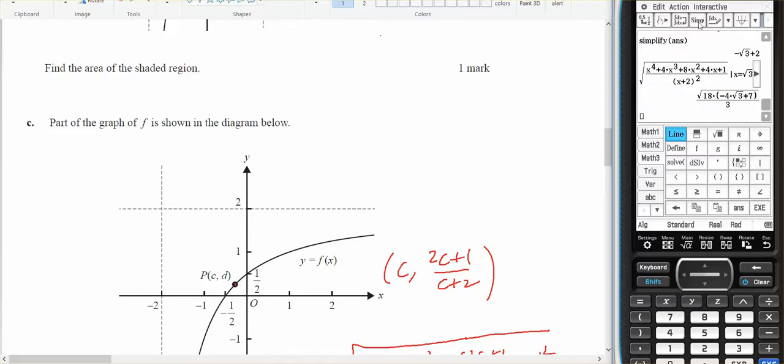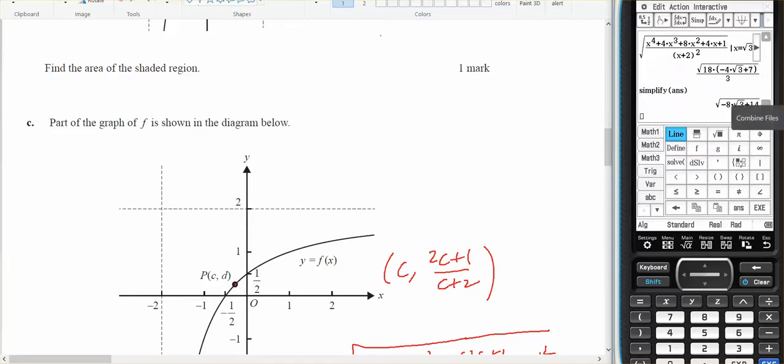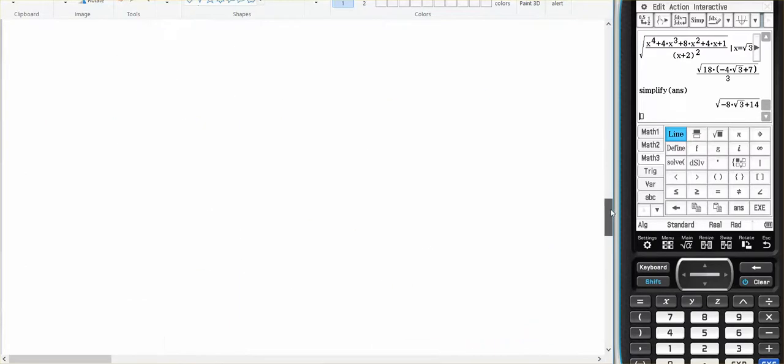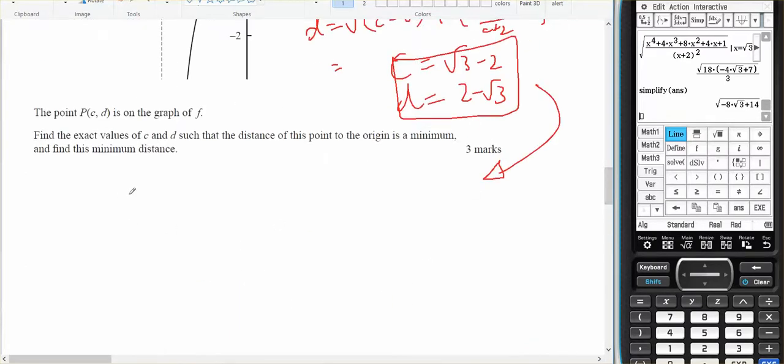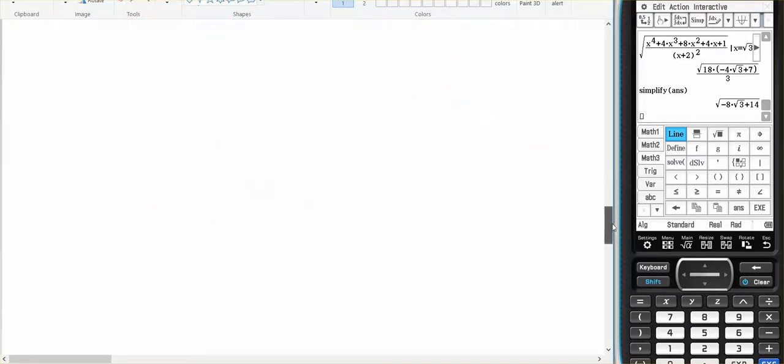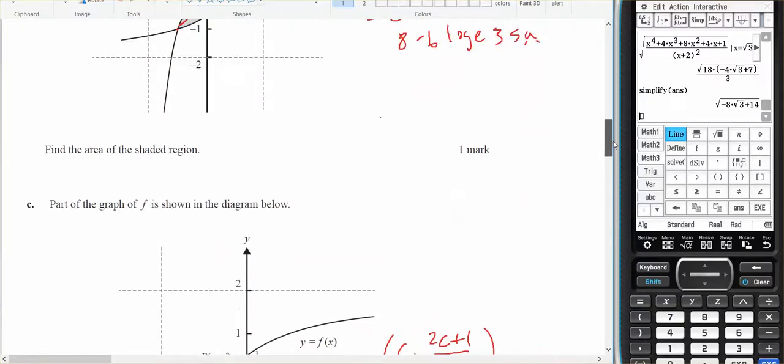Get that answer, and when I simplify it, I get the minimum actual distance, which is distance equals the square root of 14 minus 8 root 3 units. And that's the answers to A, B and C.